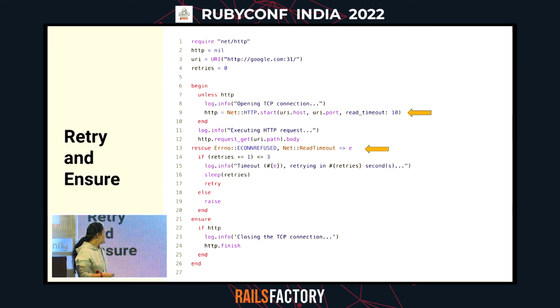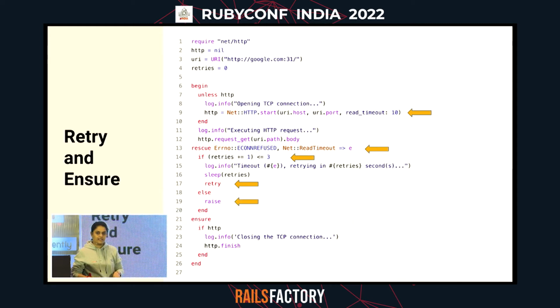We are also matching it with the ECONNREFUSED exception in case the API is down completely. Then we are increasing the retries counter up to 3, as we want to try it at most 3 times. Here, retry is being called to start the begin block again.